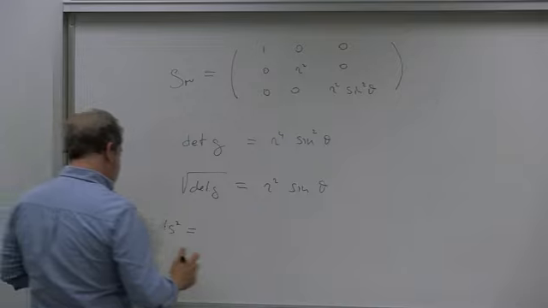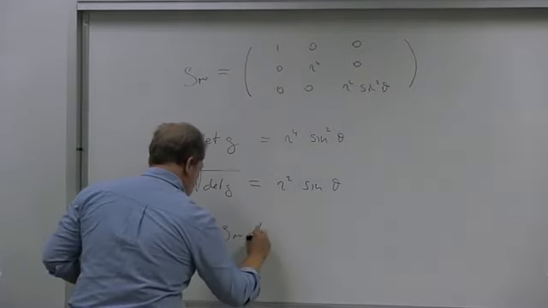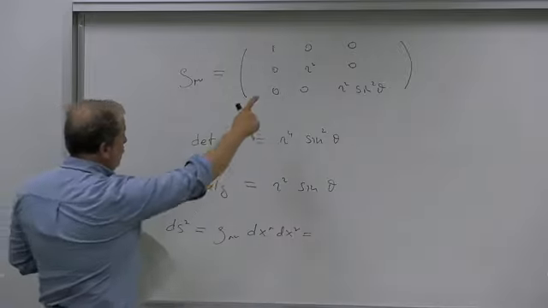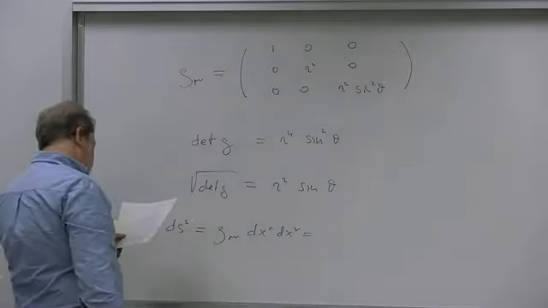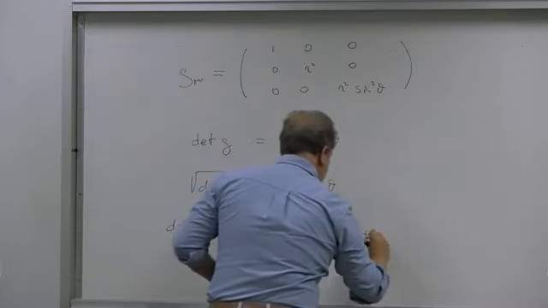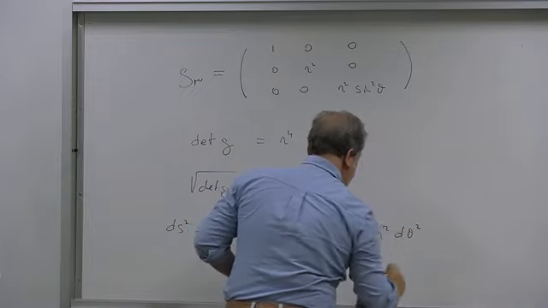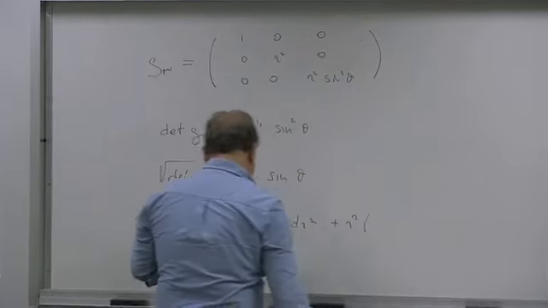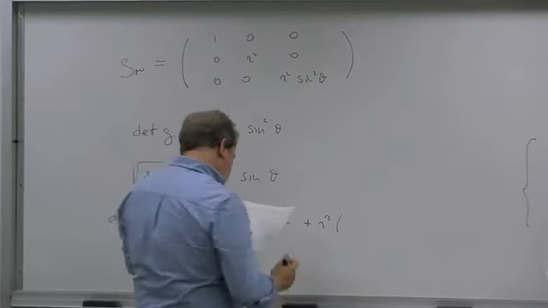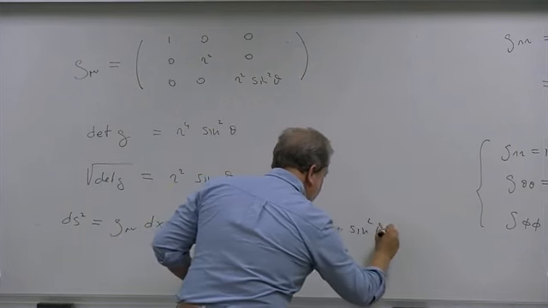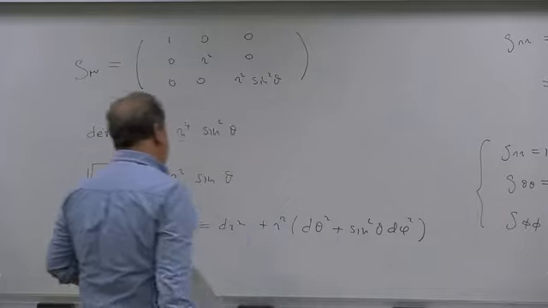now is slightly different because it has the form g mu nu dx mu dx nu. So this has these coefficients. So it is equal to dr squared with a coefficient of 1, plus r squared d theta squared, and we can write the second term as r squared times d theta squared plus sine squared theta d phi squared, in this form.